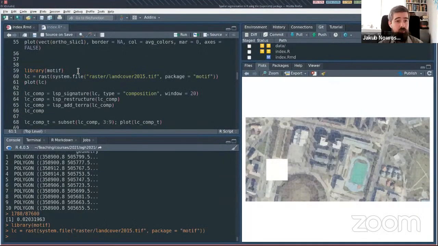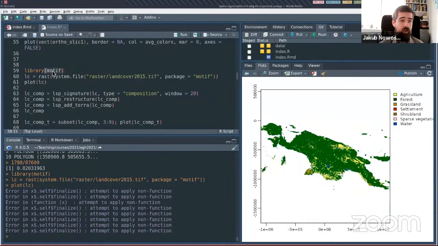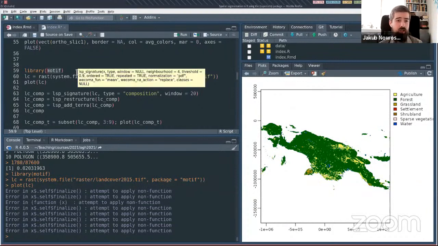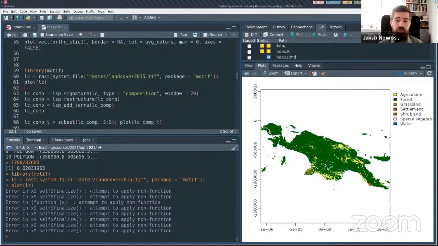So for this purpose, we can use a package called Motif. This is also a fairly new package that I developed last year. And using this package, we can extract the composition. So in other words, the proportion of different land cover categories in a dedicated window.